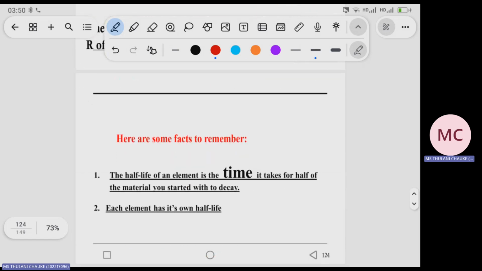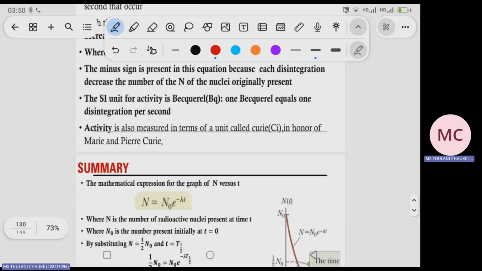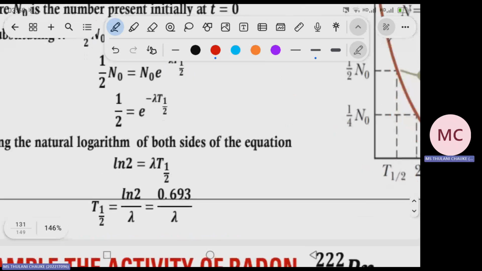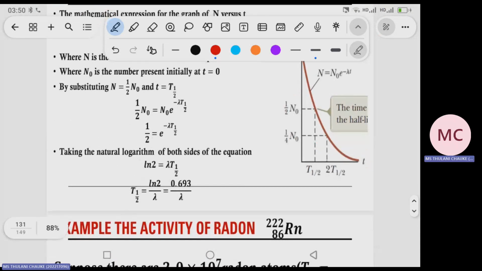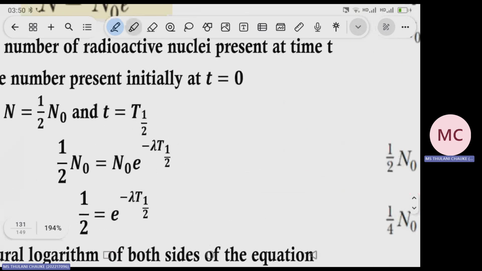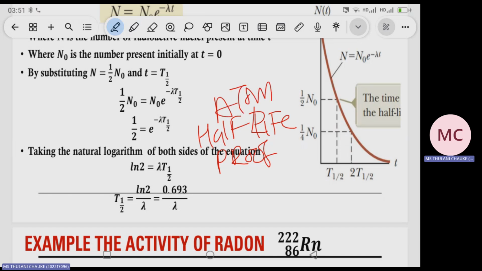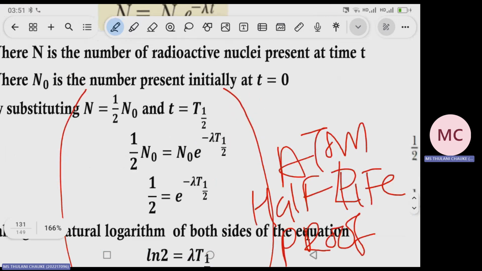They didn't write it, but here they were deriving it, the proof for half-life.